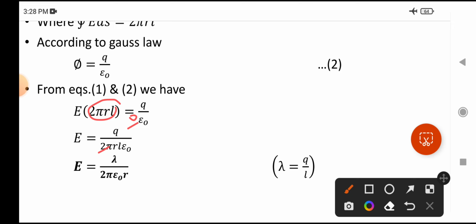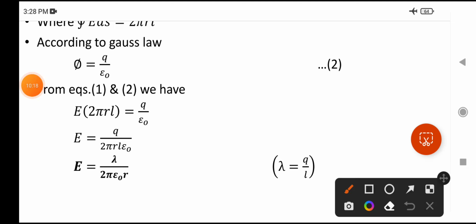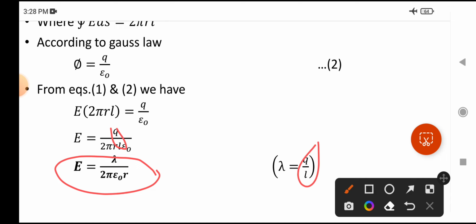So 2 pi r l epsilon naught. And one thing here, for a 1D body I am going to write it in terms of linear charge density. If you write up to here, it is also an answer, so no one will reject you. But in terms of lambda it is the final one. Here q by l is lambda.